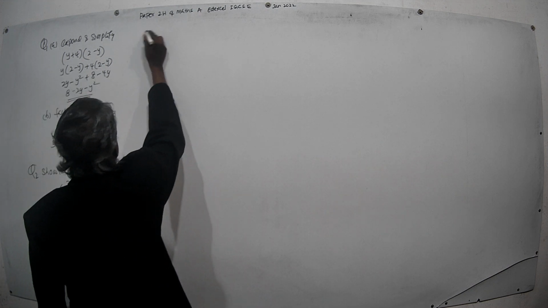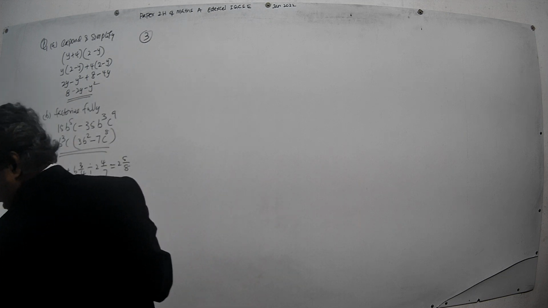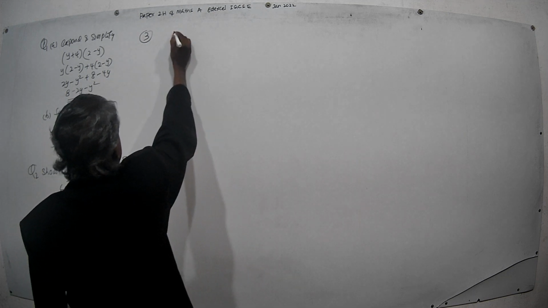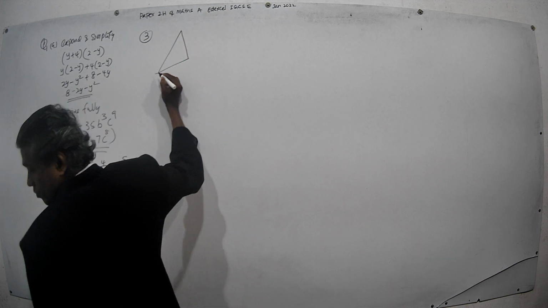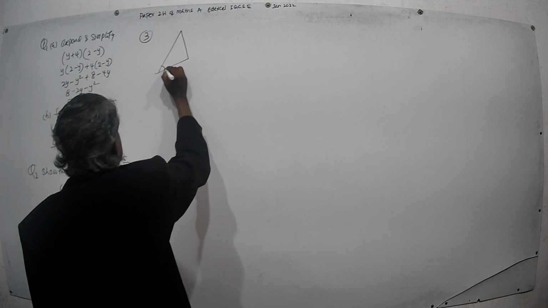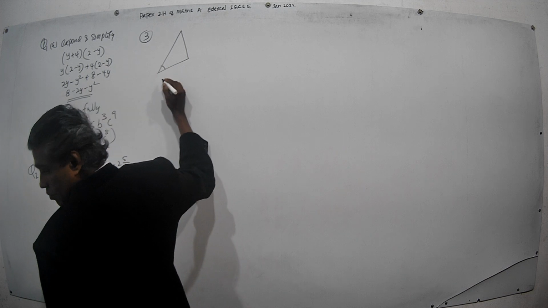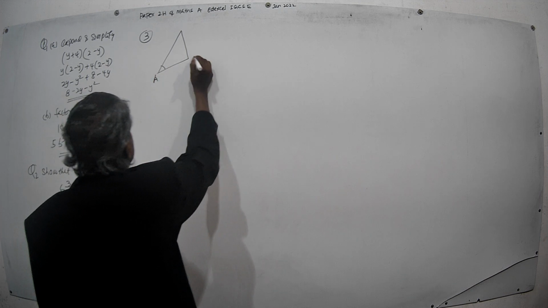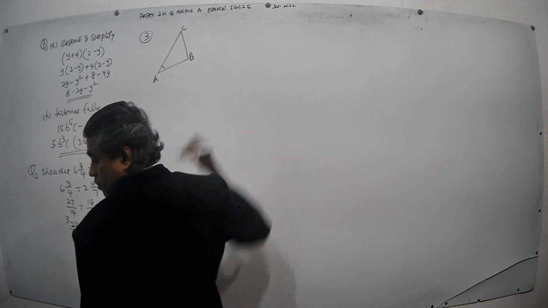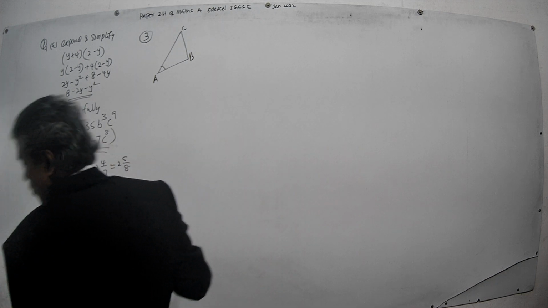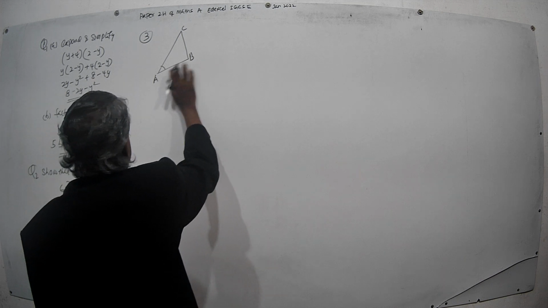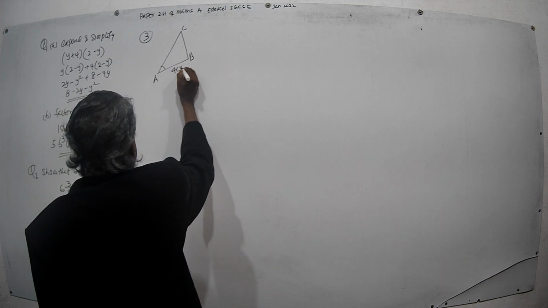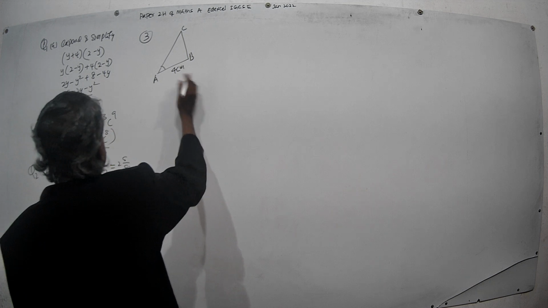There are 2 triangles given. Right. 2 triangles given. ABC. ABC. This is 4 centimeters, x centimeters.